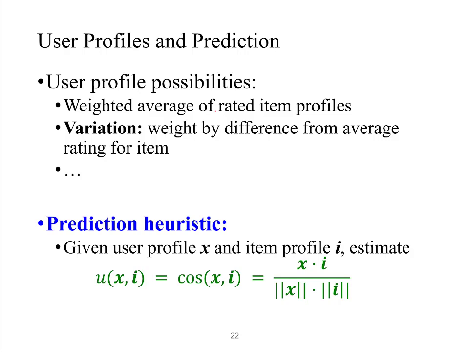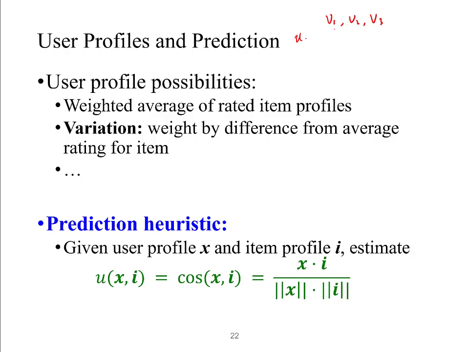For example, let's say for the user U, we have items V1, V2, and V3, which the user U has already rated or purchased.